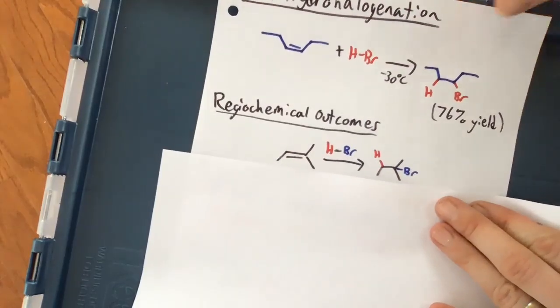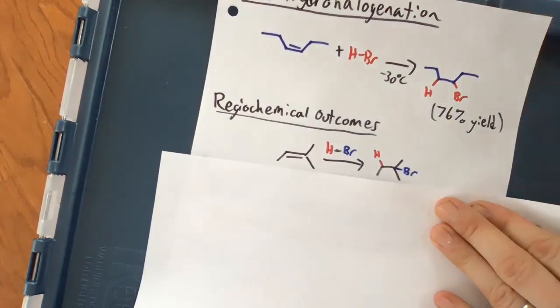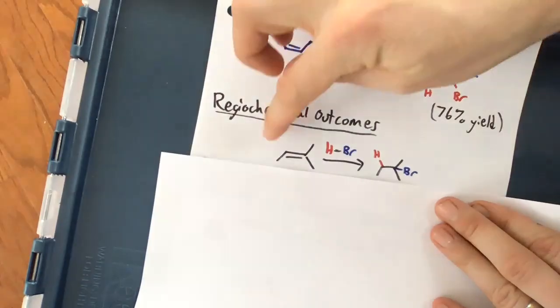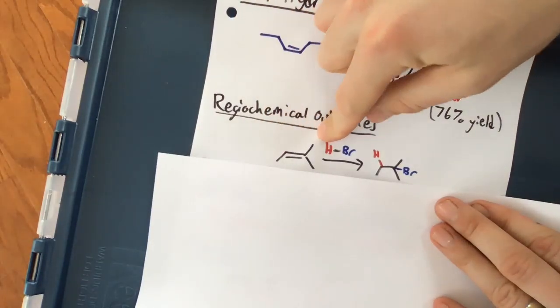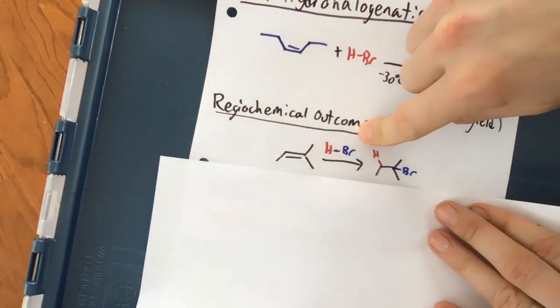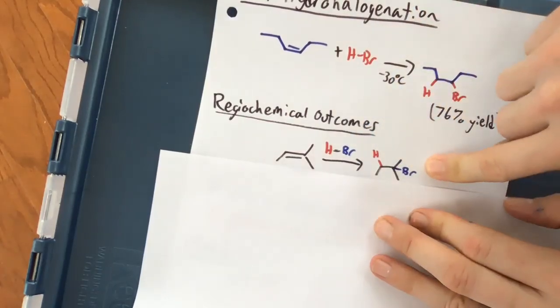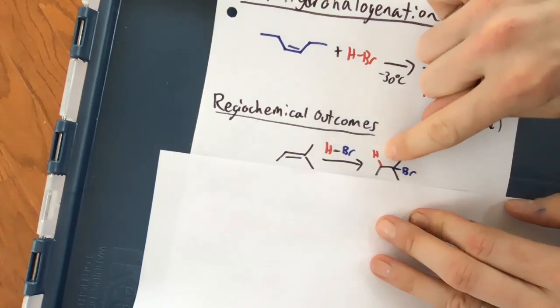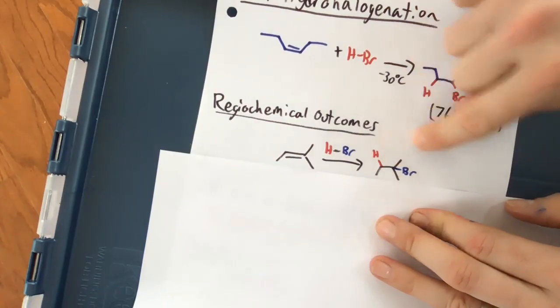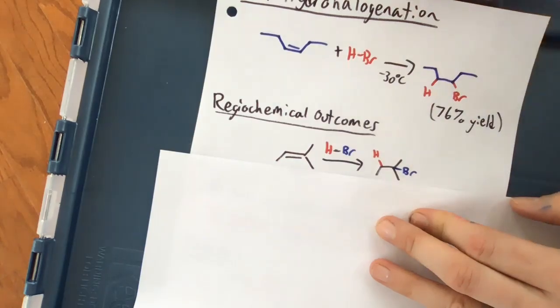Well, in that case, something interesting really happens. If you have this molecule here, and you add in HBr to it, you get hydrohalogenation that always happens in this manner. You have the H that always ends up here, and the bromine that always ends up here.